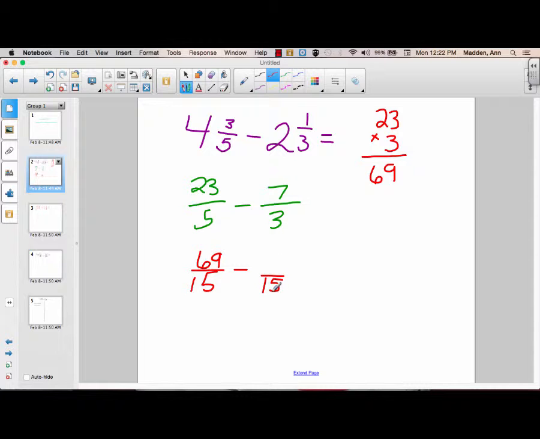I multiplied it times 5. 7 times 5 is 35. Now I can easily subtract them. 69 minus 35 is 34.